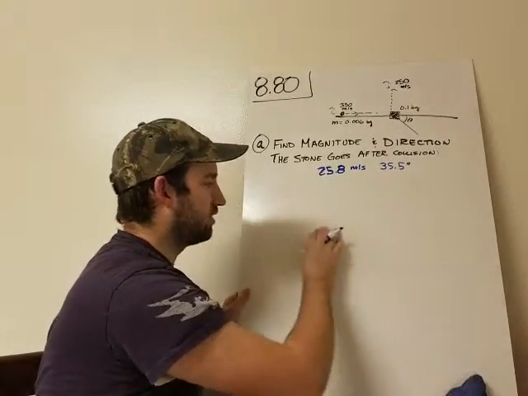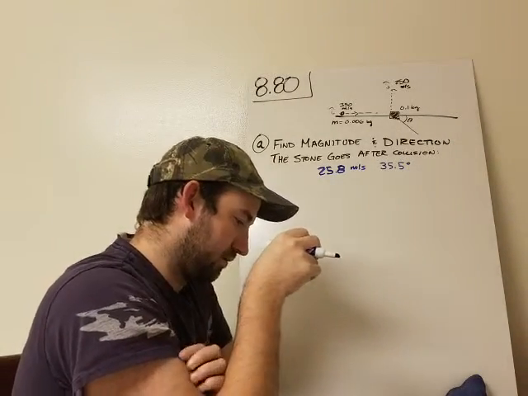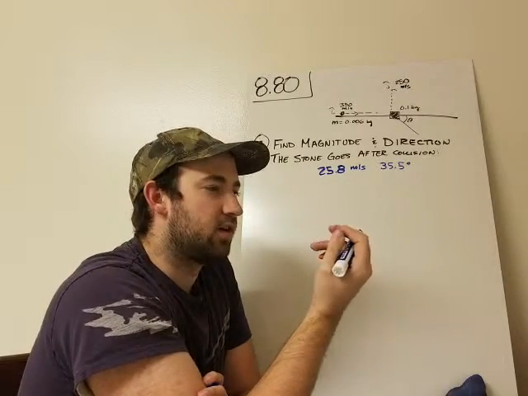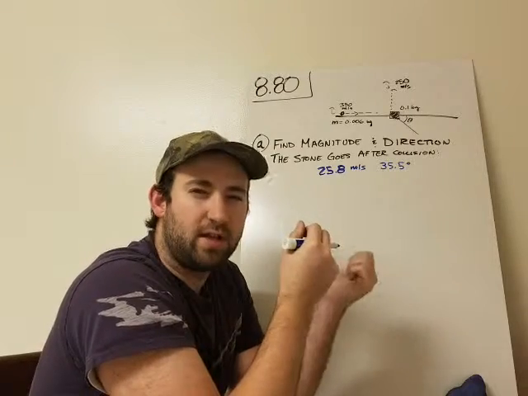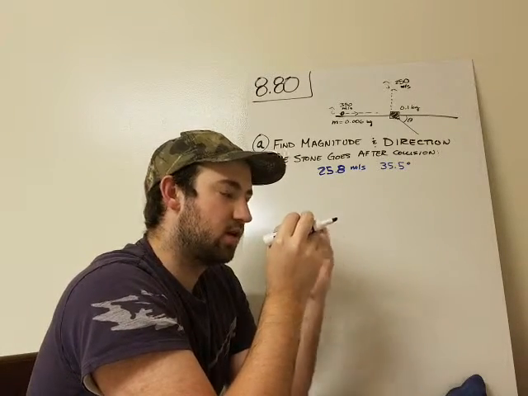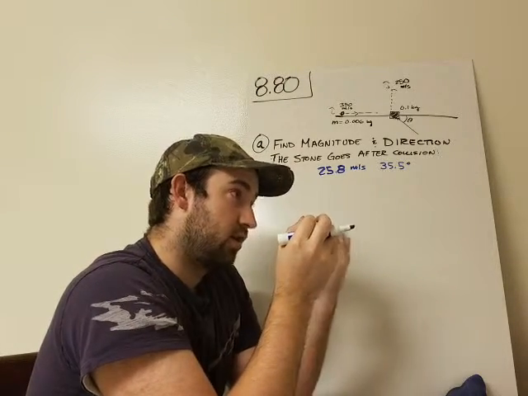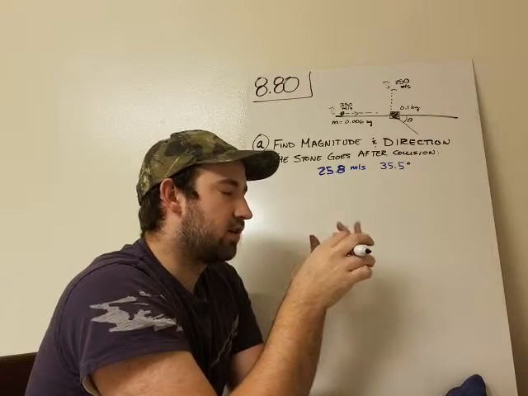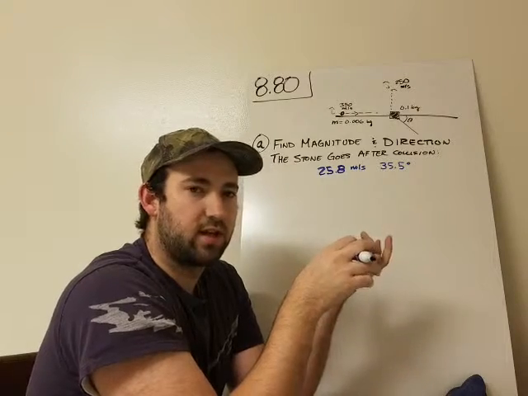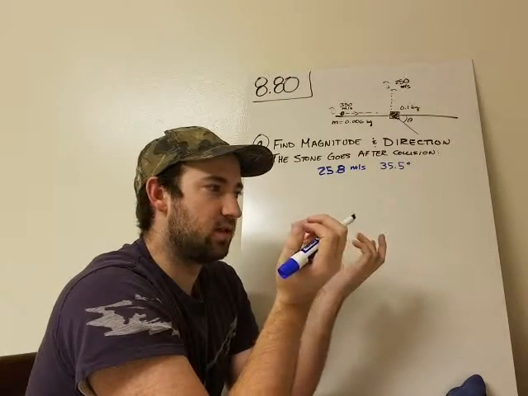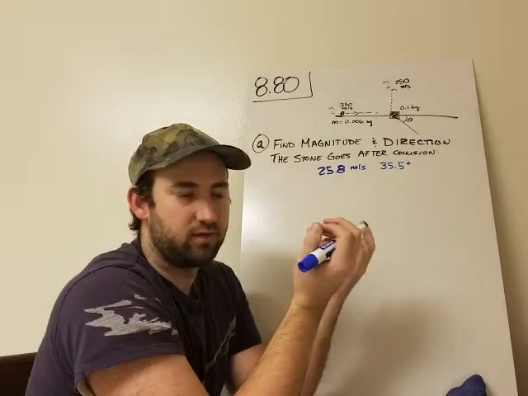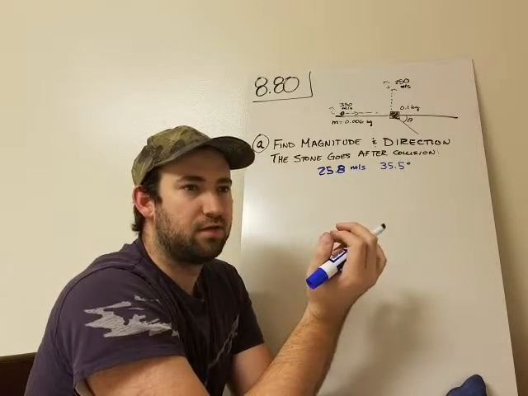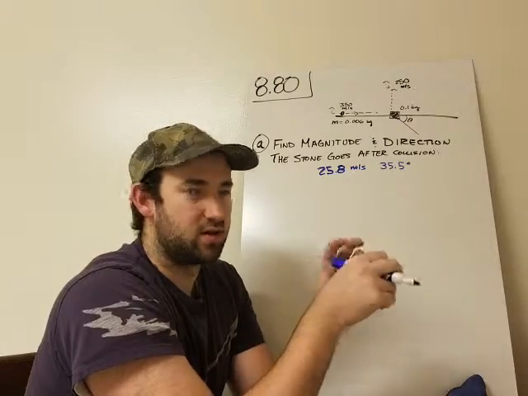So now part B just wants to know if that collision was perfectly elastic or not. And the way we can do that is we know that elastic collisions are when the initial kinetic energy is the same as the final kinetic energy. If those two are the same, then we know that it's exactly elastic. If there's any difference, then we know that it's not.